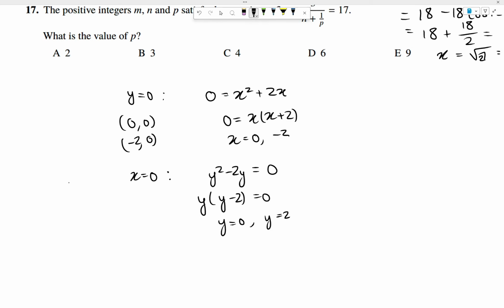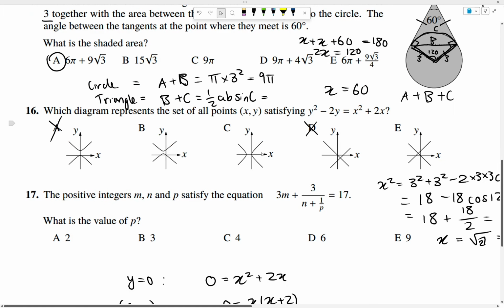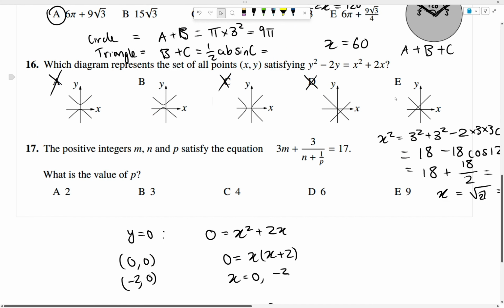So therefore the graph also goes through the points 0, 0, which we had before, and 0, positive 2 this time. So graph letter C does not go through the point 0, 2. And that leaves us with two options.